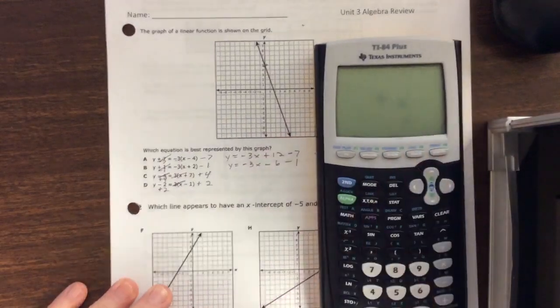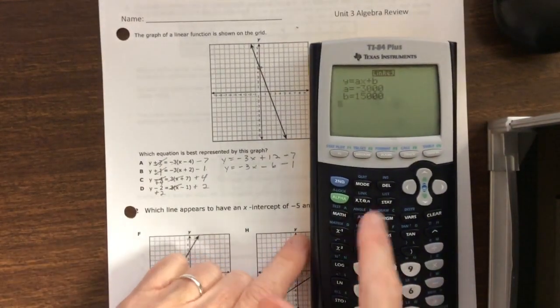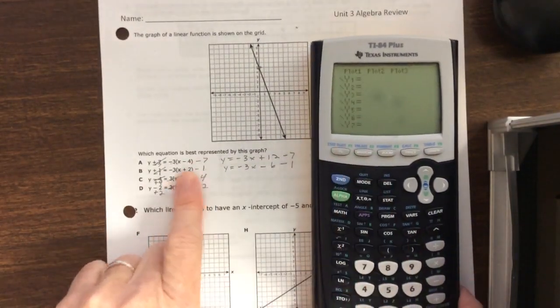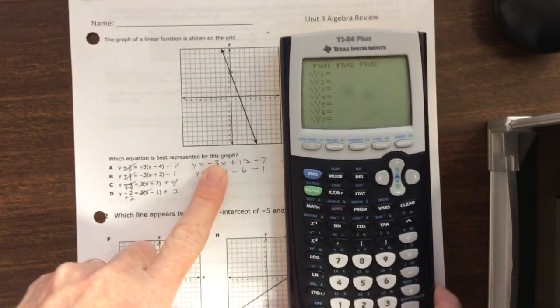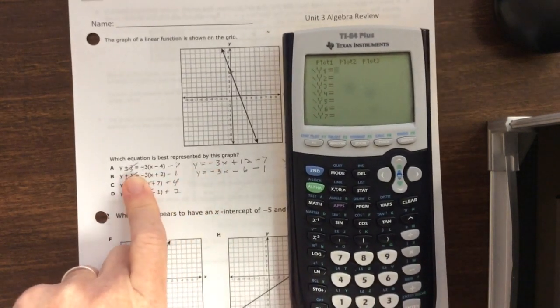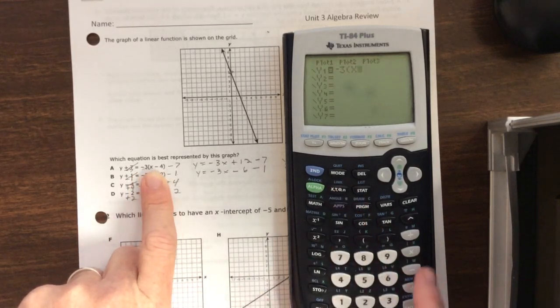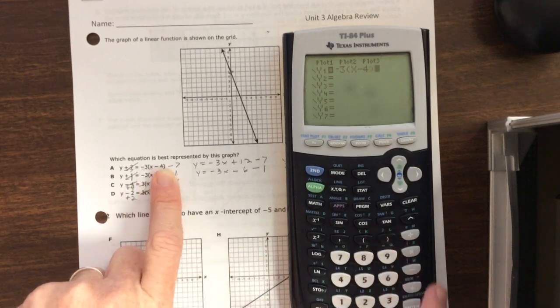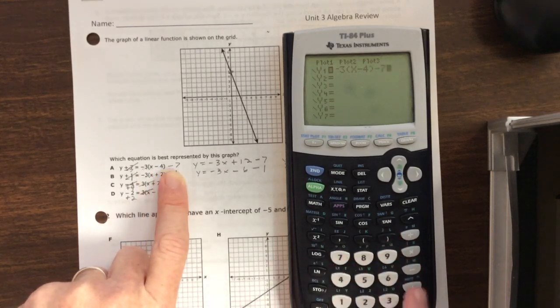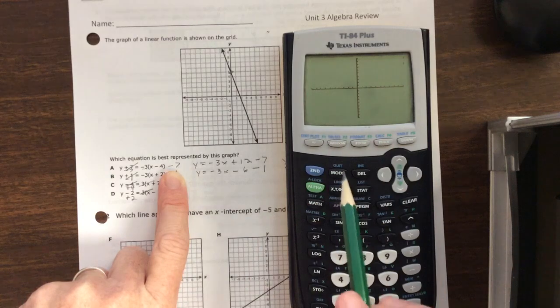Here's the calculator. Turn it on. I'm going to hit y equals, and I'm going to put this in just like this. We have y equals negative 3, parenthesis, x minus 4, close it, minus 7. And I'm going to hit graph.